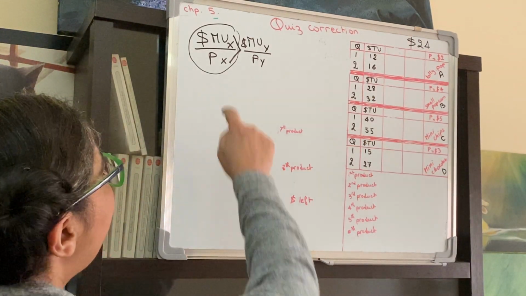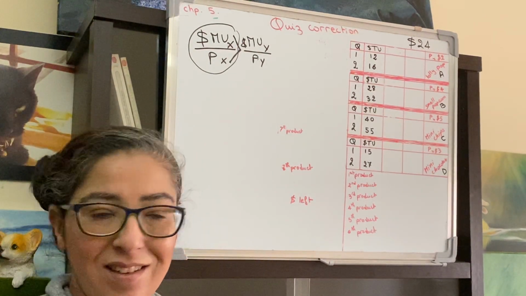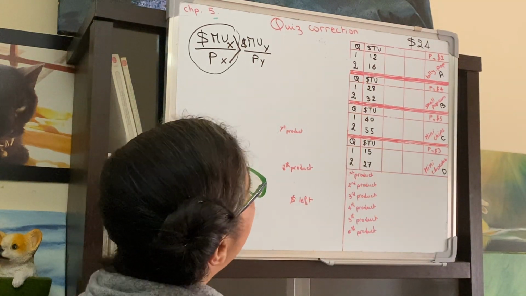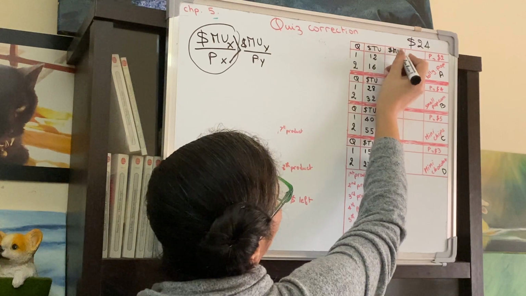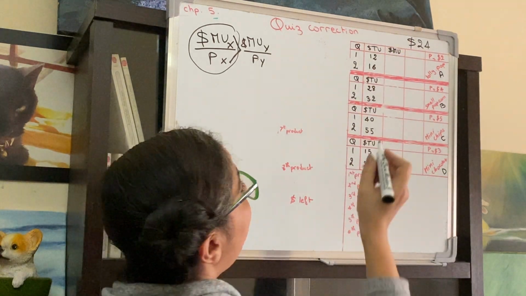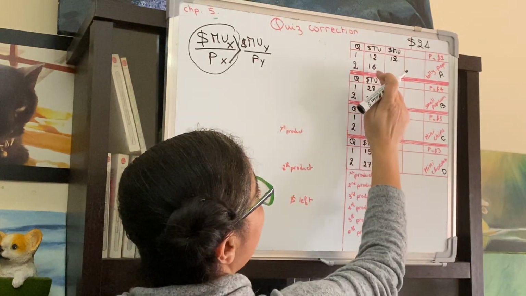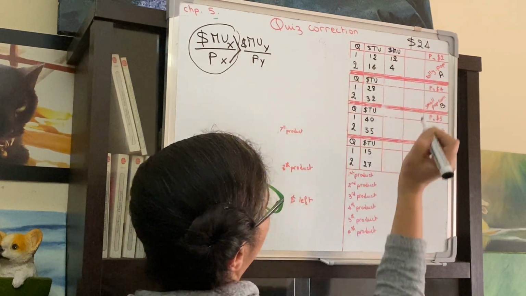First thing to do is to calculate dollar marginal utility for all the units, for all the goods. So here, dollar marginal utility for lollipops. The first unit, total utility and marginal utility are equal, so 12. And then for the second unit, it's 16 minus 12, that would be 4.